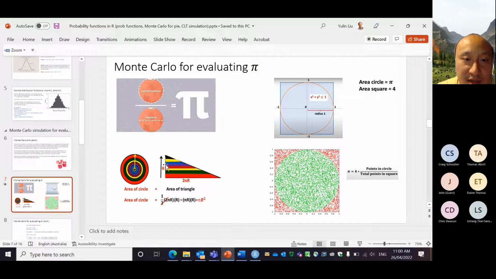The height will be basically the radius of the original circle. We know how to calculate the size of the triangle: 2 pi r times r divided by 2. And then you get pi r squared. It's one way to prove that the area of a circle is pi r squared, if you're interested in that.